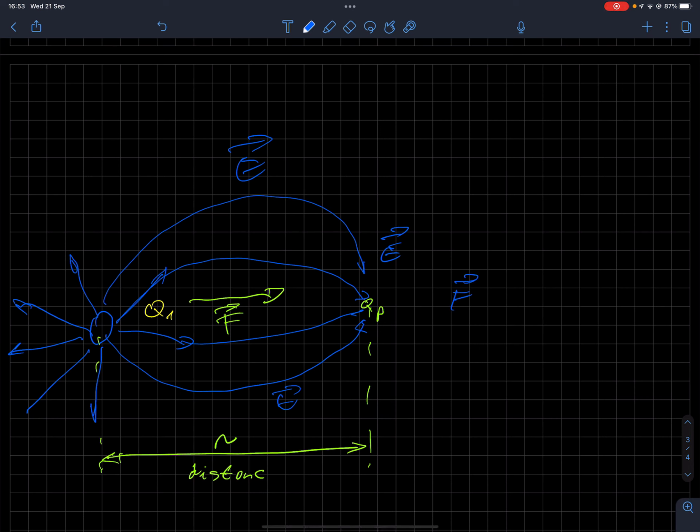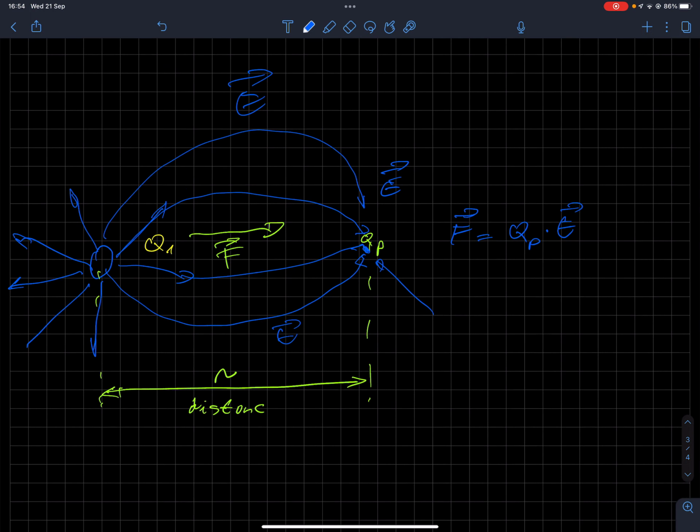The strength of that force is proportional to the amount of the test charge, and also proportional to the electric field at this point here. If we have a bigger charge, the force will be bigger. If we have a stronger electric field, the force will be stronger.